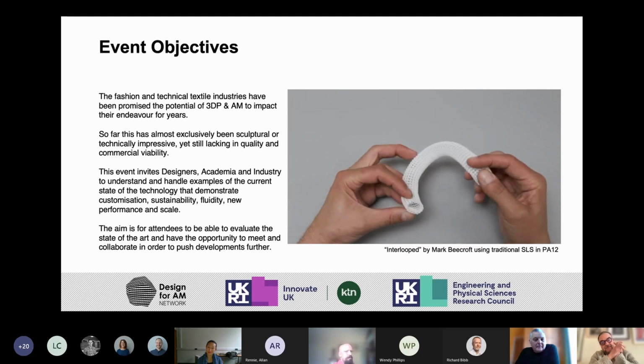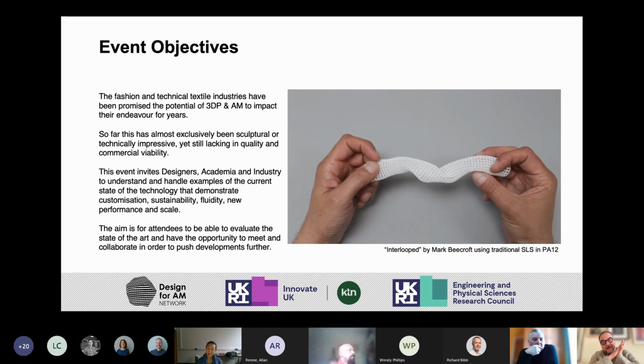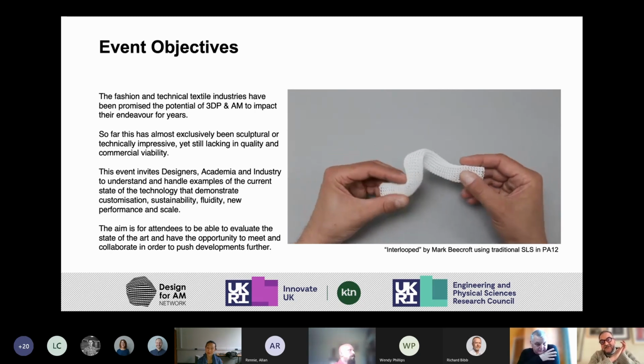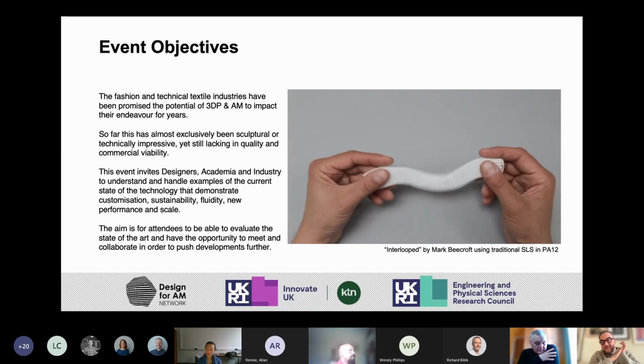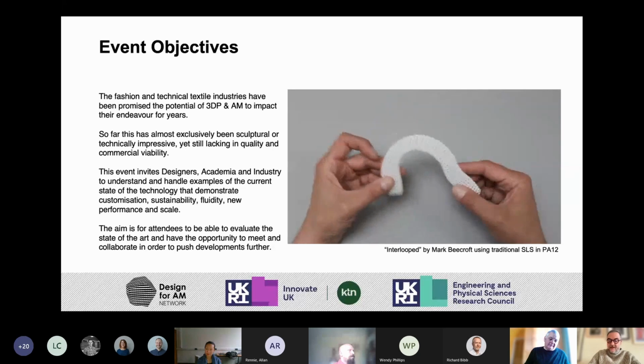We've been talking about putting on this event for quite a long time, and we've always been held back by having to work virtually. This stuff is material, and it needs to be felt and experienced in order to be evaluated properly.